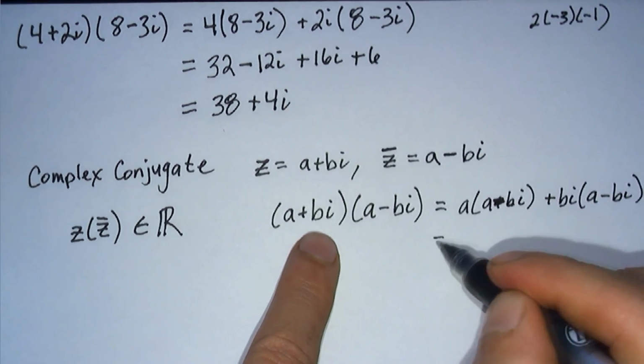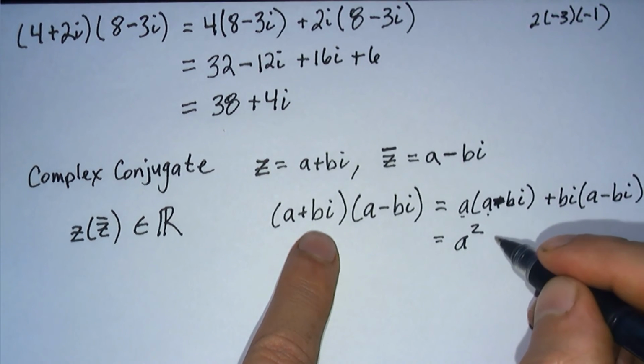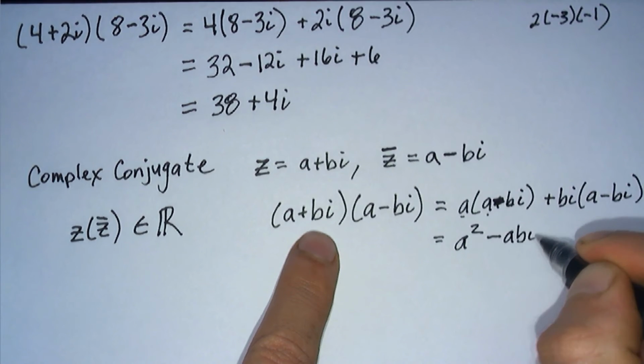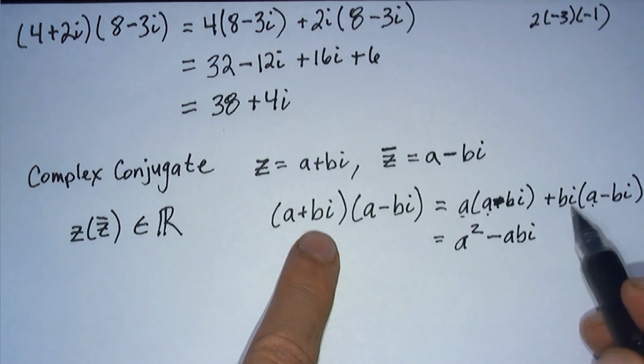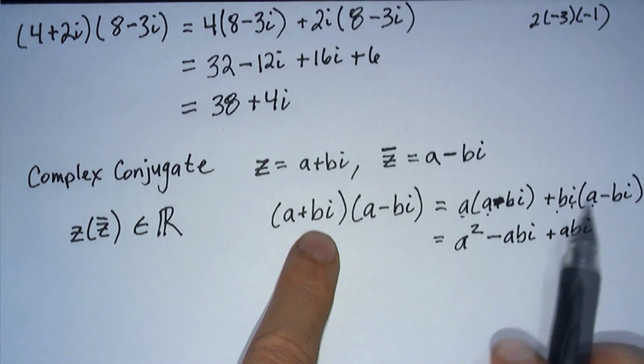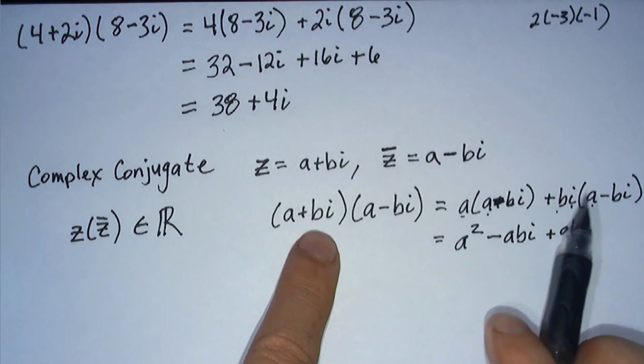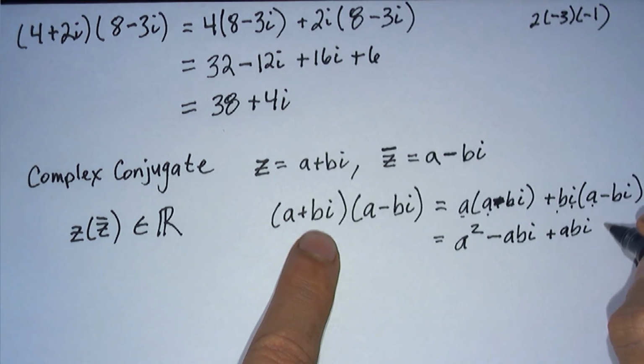So this is going to be a times a is a squared, a times negative bi is minus abi, and then here this is abi, so it would be plus abi, and this will be minus b squared i squared, and i squared is negative 1, so this becomes plus b squared.